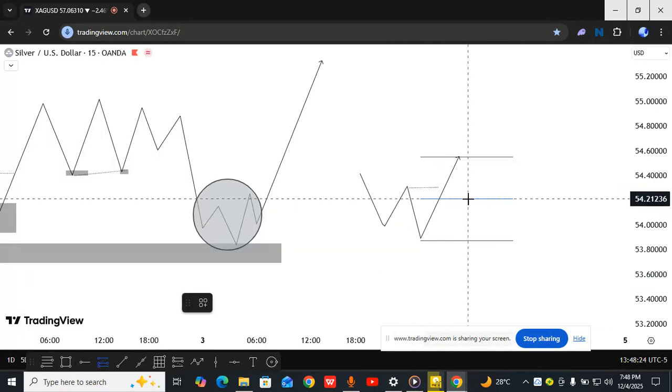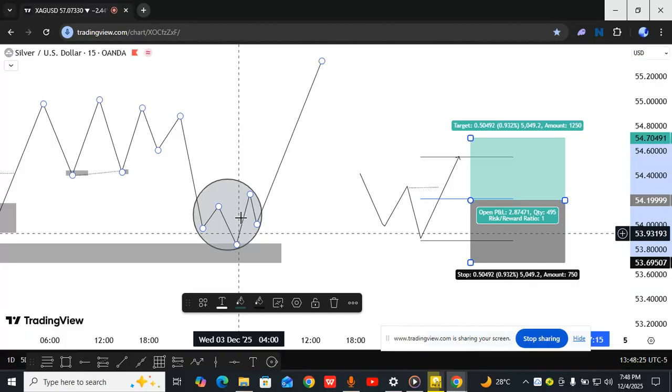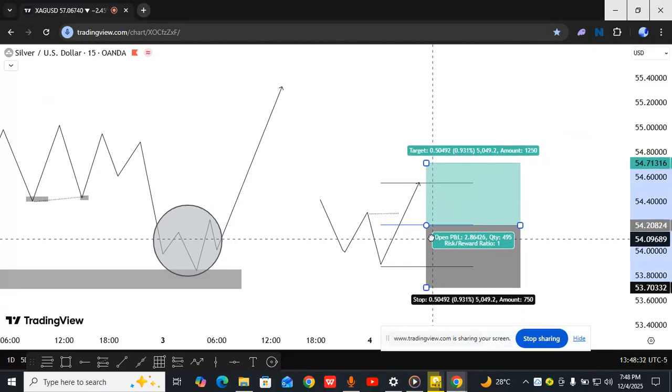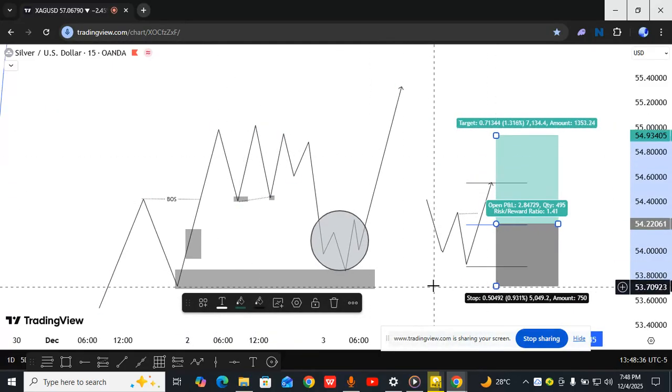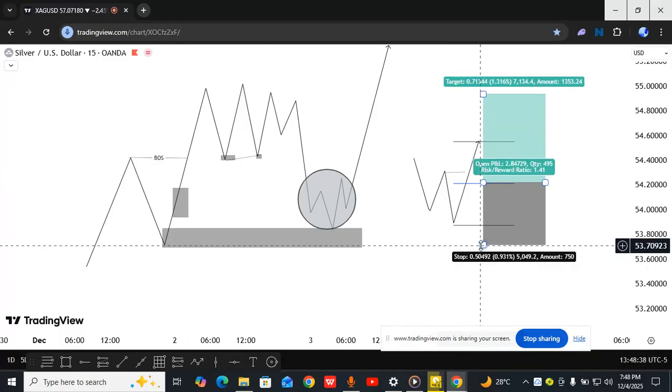Measure 50%. Now remember, I am talking about what happens inside here for you to identify an entry. Now measure 50% of that change of character, then you target this level. Now the placing of stop loss is where it becomes more of your own choice, right?